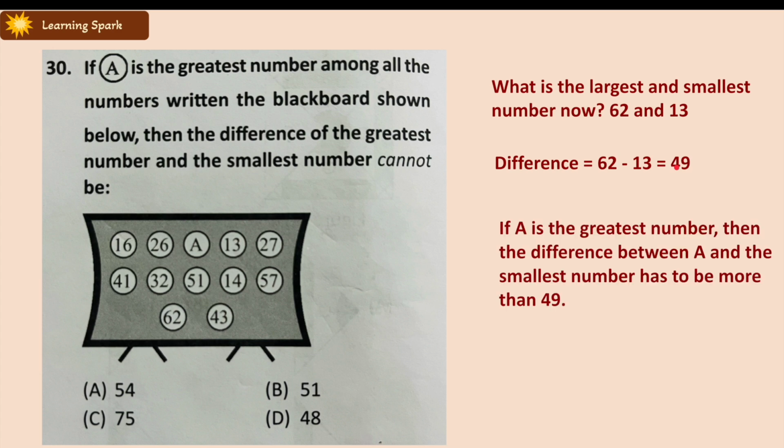Otherwise, how can A be the greatest number? If A is the greatest number, then the difference between A and the smallest number, which is 13, has to be more than 49. It is saying the difference of the greatest number and the smallest number cannot be, so it has to be more than 49.